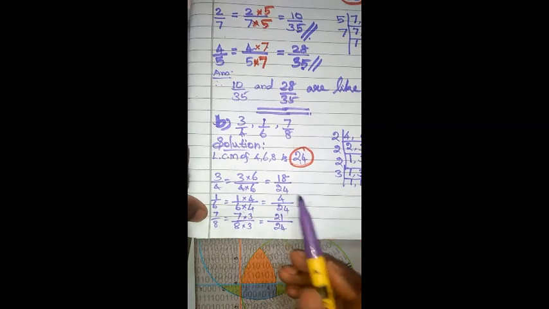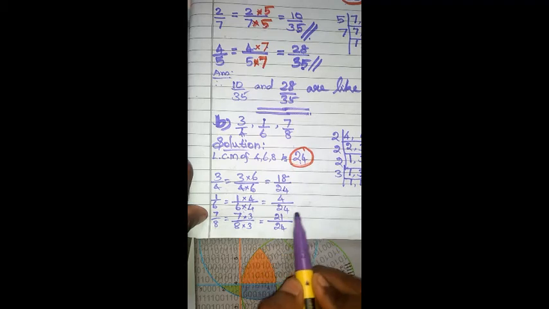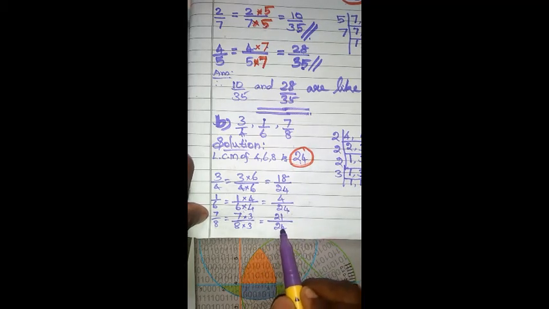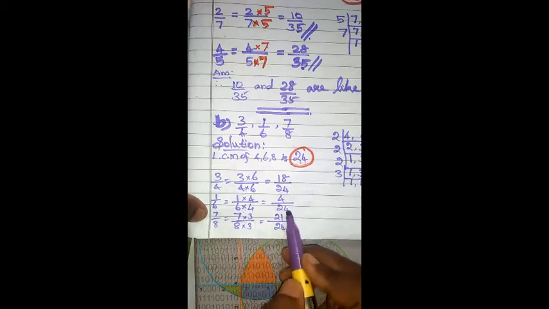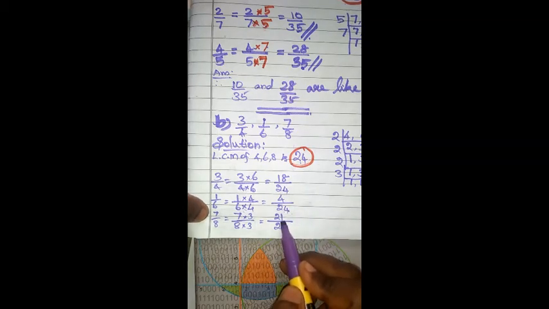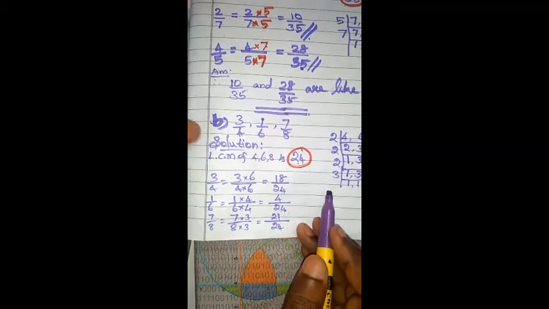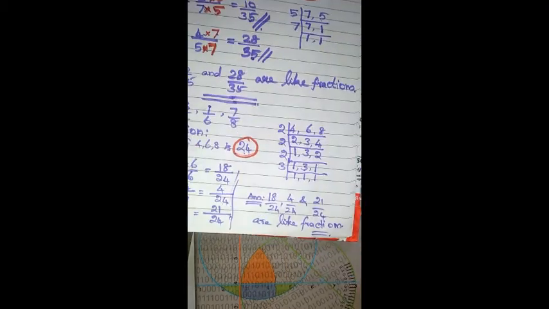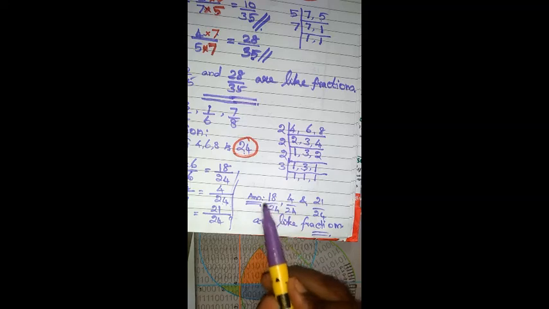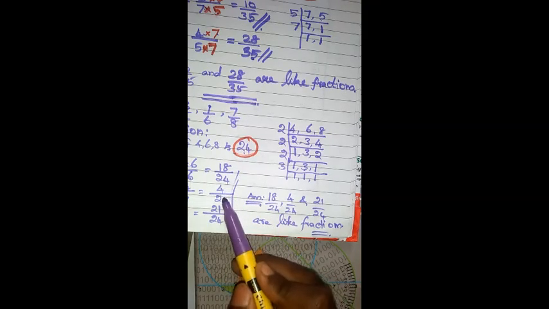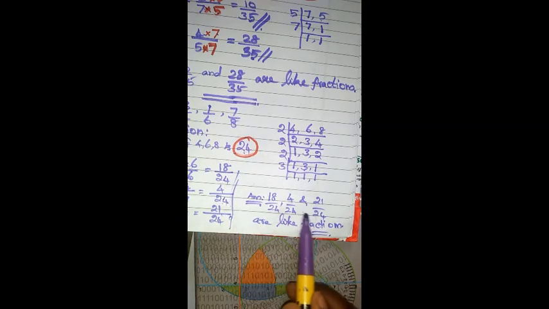Now look at all the denominators: 24, 24 and 24. So we have converted. So 18 by 24, 4 by 24 and 21 by 24 are like fractions, correct?